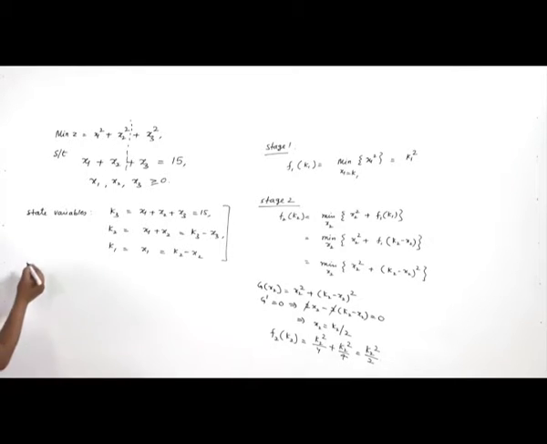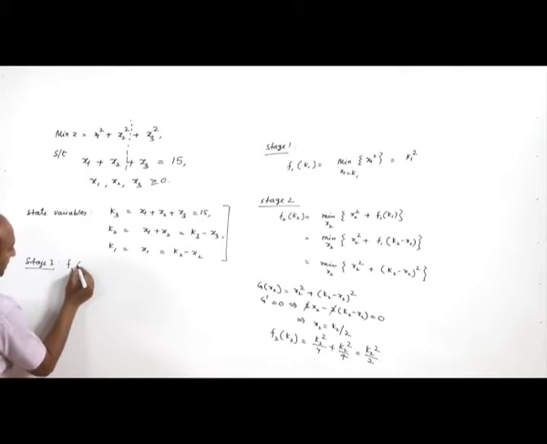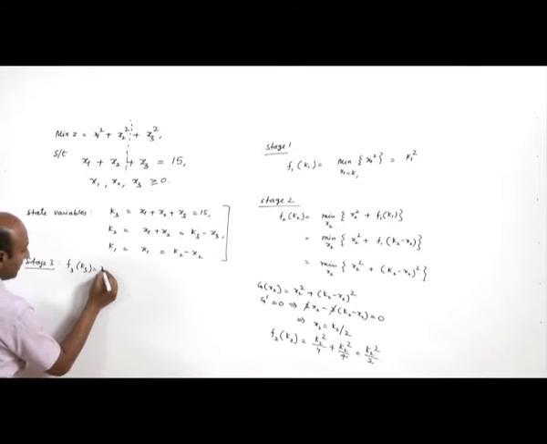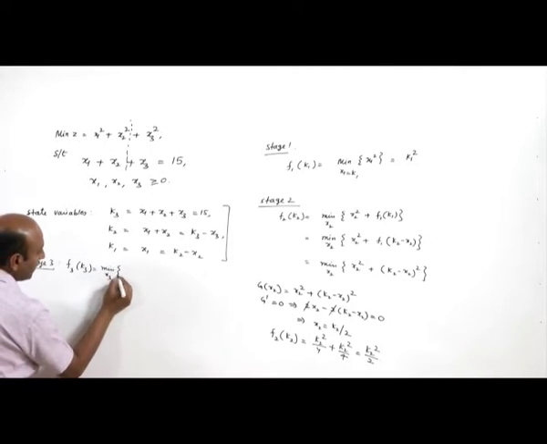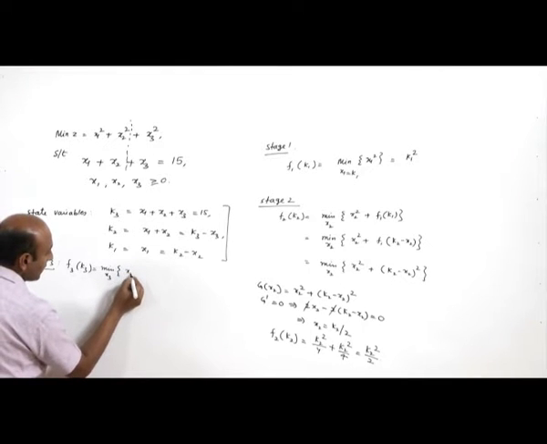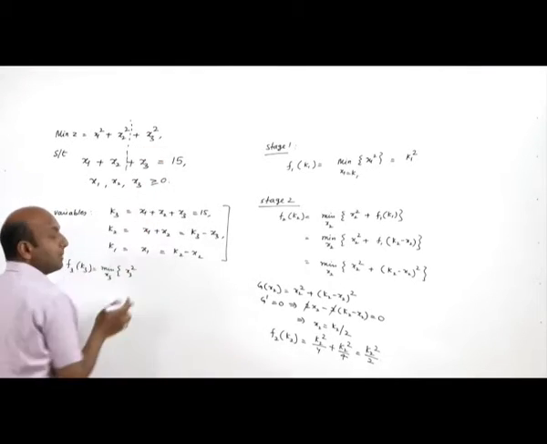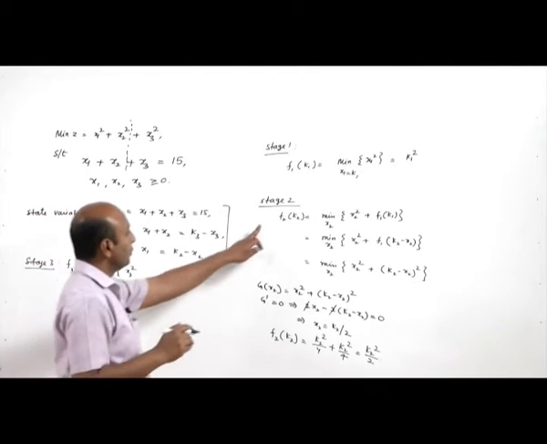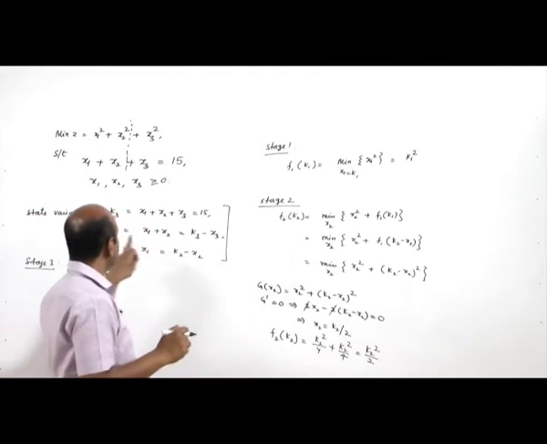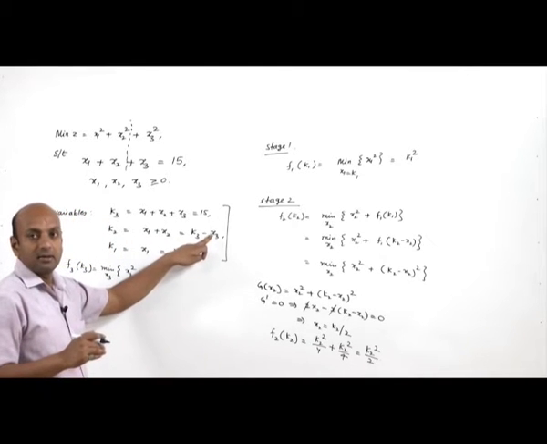Now, stage 3, which is the last stage, will be f3(k3), which is the minimum over x3 of x3 square plus whatever we obtained in the previous stage, that is f2(k2), and k2 is nothing but k3 minus x3.